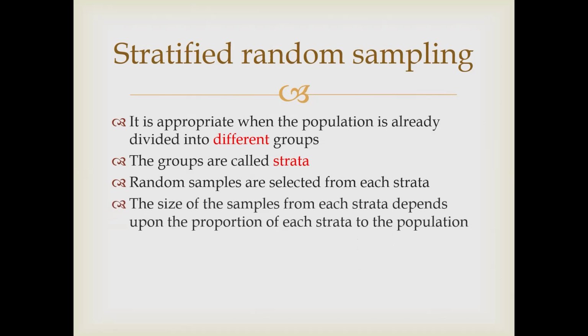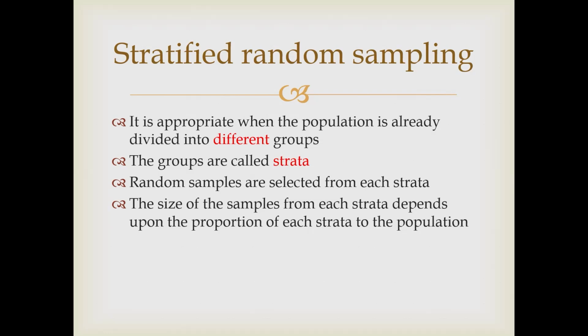The size of the samples from each stratum depends upon the proportion of each stratum in the population. If the public sector bank employees are 70% of the total bank employees and private sector bank employees are 30%, your sample also should consist of 70% public sector bank employees and 30% private sector bank employees.